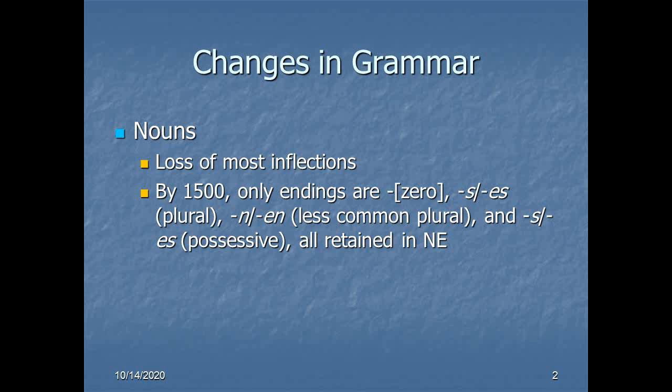The very complex system of case endings that we saw in Old English has by this point been reduced to what's called the zero ending, that is, no ending at all, the s or es ending in the plural, with the occasional n and en ending in the cases of strong nouns, and the s and es in the possessive, all of which still exist in modern English, with the exception, of course, that the possessive no longer has an es in terms of spelling, but does often retain it in terms of pronunciation.